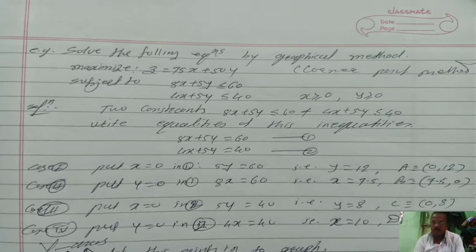Put y is equal to 0 in equation number 1, that is 8x is equal to 60, that is x is equal to 7.5. Then point B, first the x coordinate, 7.5, and next the y coordinate, y is equal to 0, so point B will be 7.5, 0.